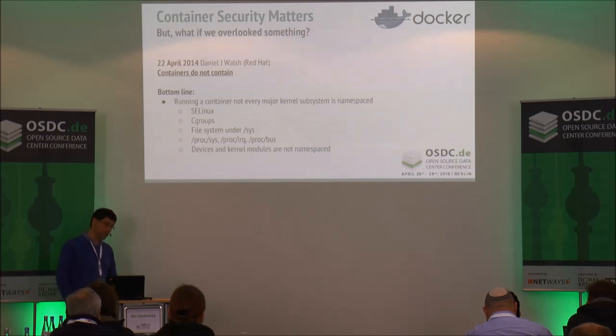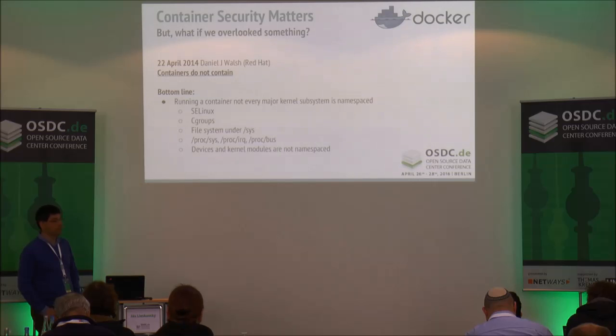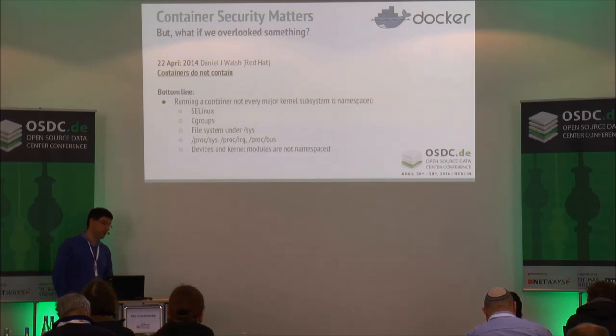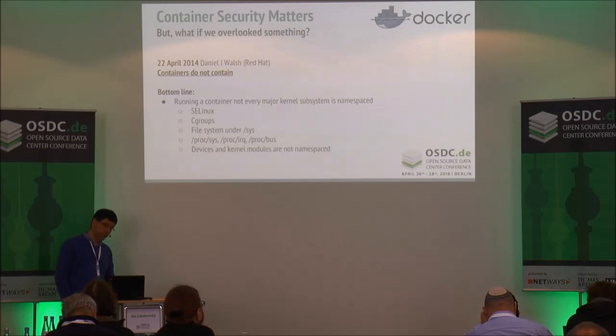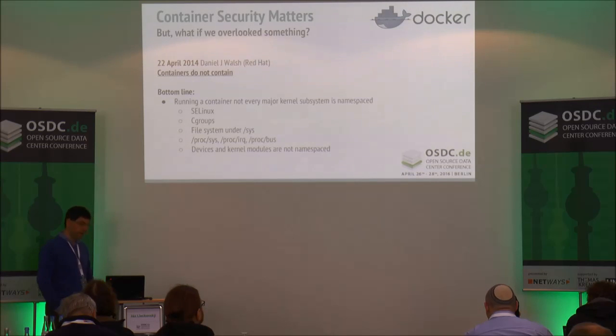And some of those articles discussed that not each major Linux kernel subsystems can be namespaced. Basically, the Linux namespace is the basic building block of the runtime, and the complaint was not each of the devices, not each of the kernel modules can be namespaced.